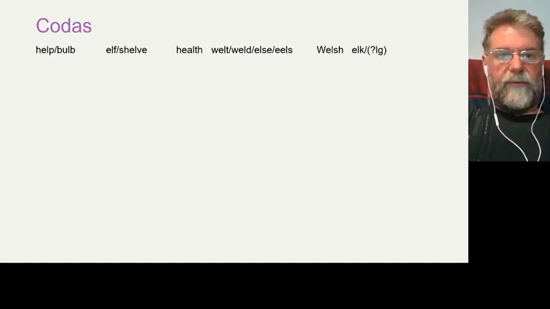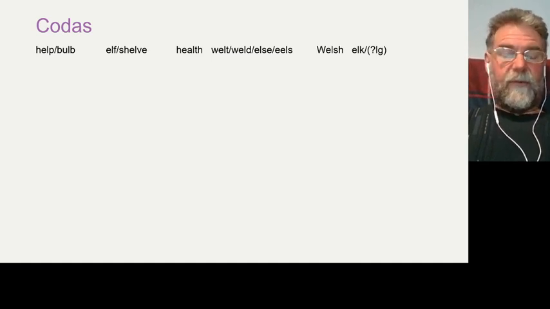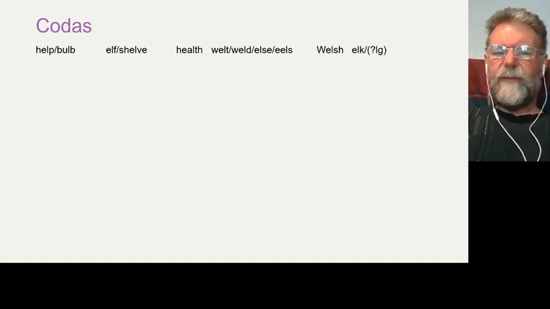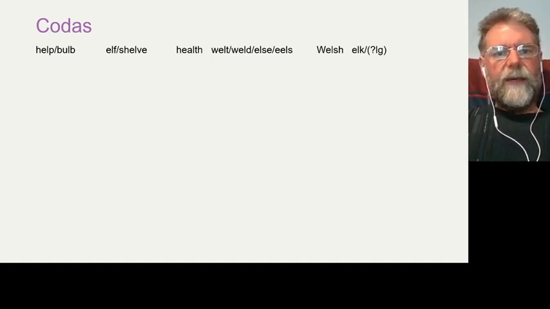It can come in front of voiced and voiceless fricatives like elf and shelve. It can come in front of a th, as in health. No, there's no l in front of a voiced th, but that's probably because that phoneme has a very limited distribution anyway. So it's not surprising that you don't get that in consonant clusters in the coda.